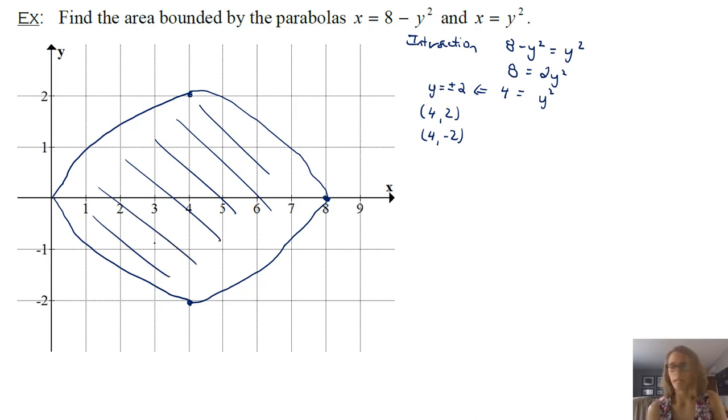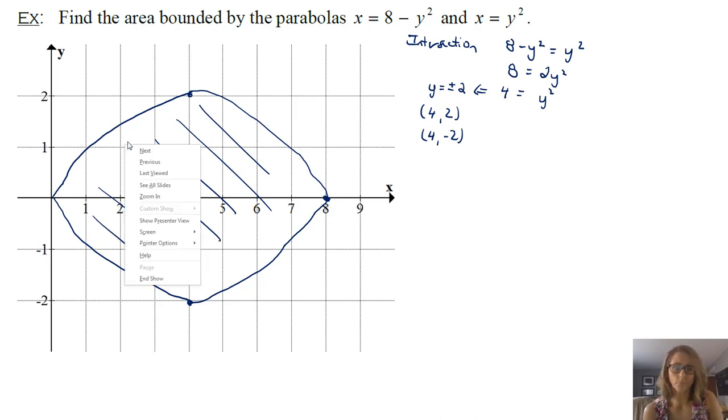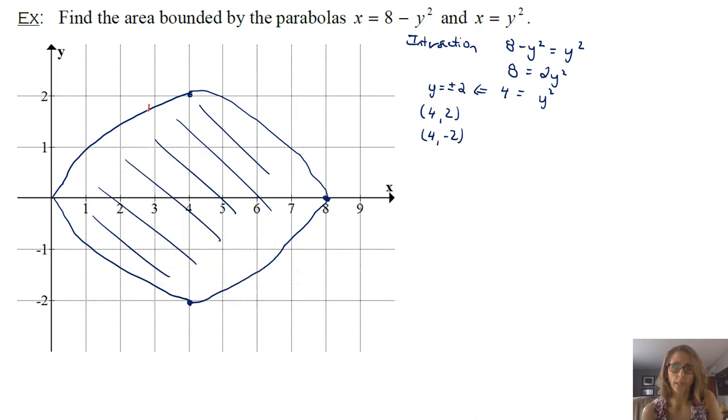And so it's probably pretty obvious, hopefully, that we're going to have to do this in terms of y, that we're going to be looking at rectangles that look like this, and that the length of each rectangle is going to be the difference between here and here, which is the difference between two x values, and so we have to write this in terms of y.